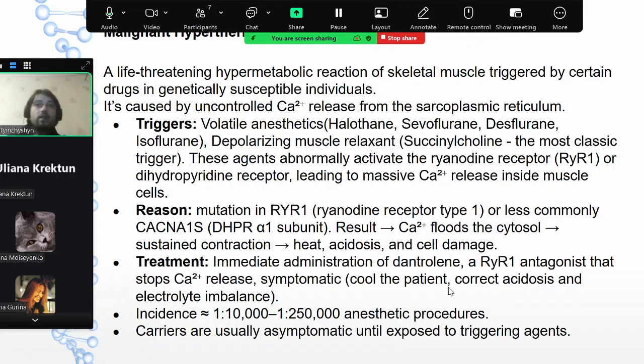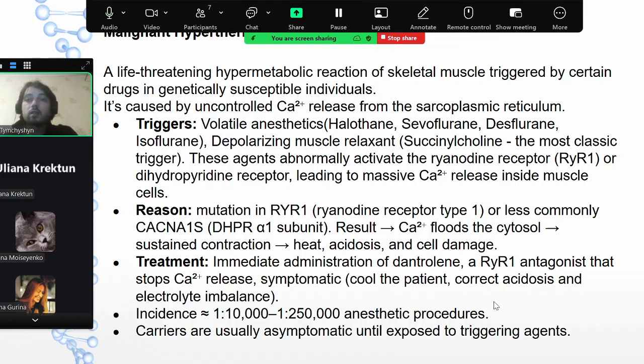The reason is a mutation in the ryanodine receptor type 1, or less commonly in the dihydropyridine receptor. So a small mutation may cause them to react to these anesthetics and massively release calcium, which is basically no good.